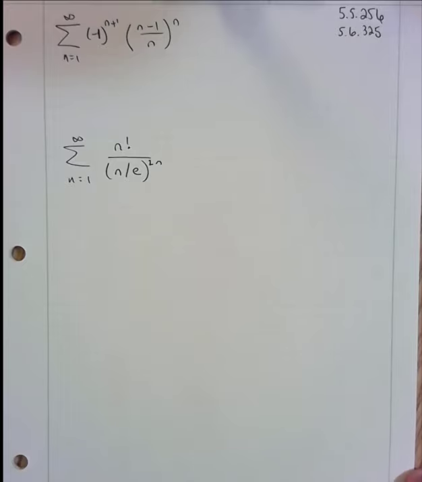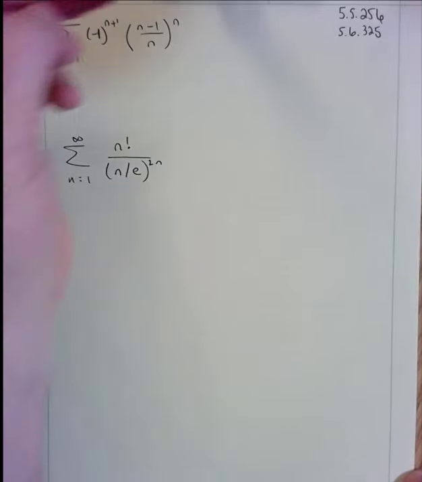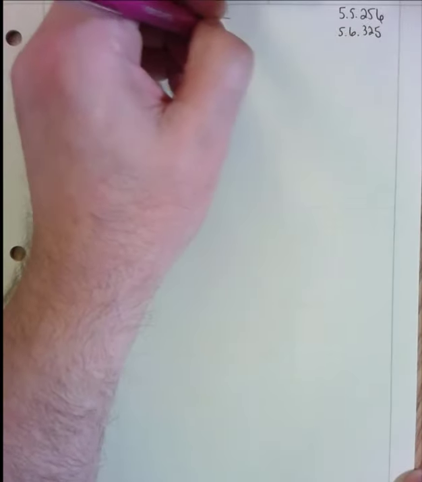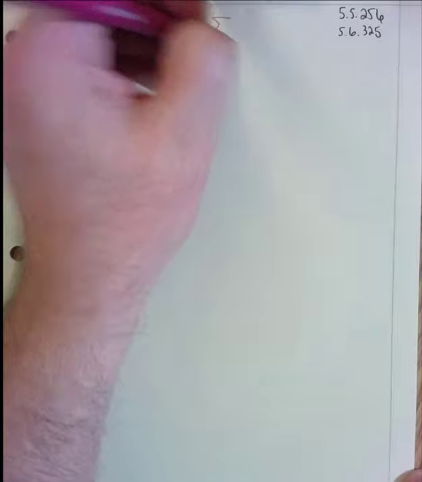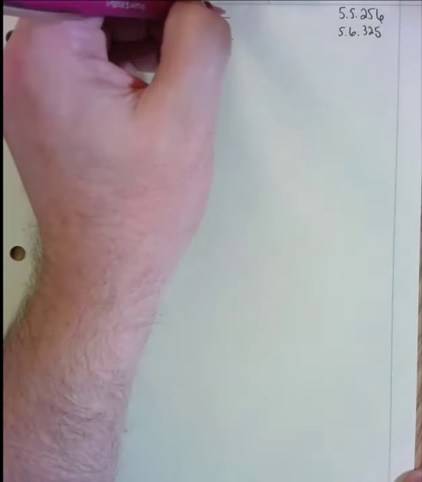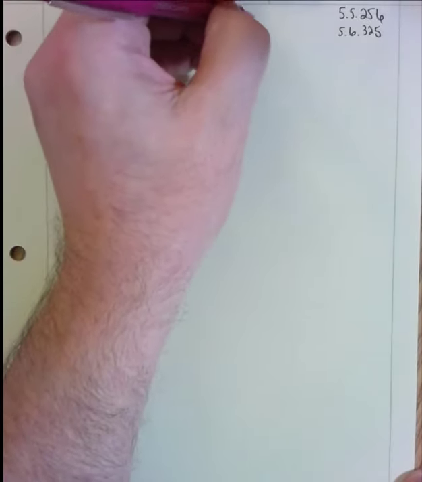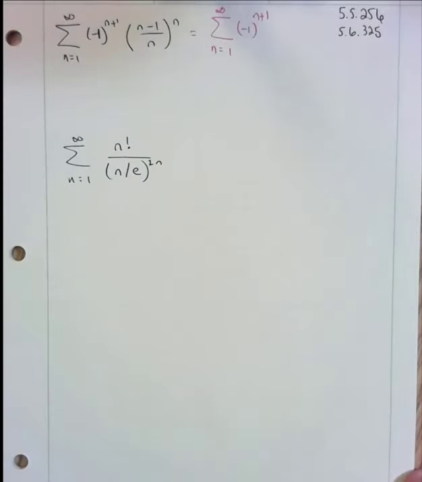What I'm going to do for this particular series is put it in a form where hopefully it's easier to see what's going on. I'm going to leave that front part alone. That's the term, that -1 to the n plus 1. That's the term that just turns on and off the sign, minus plus, or plus minus.